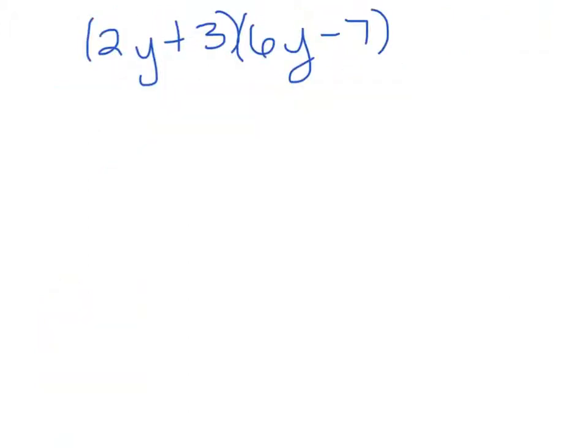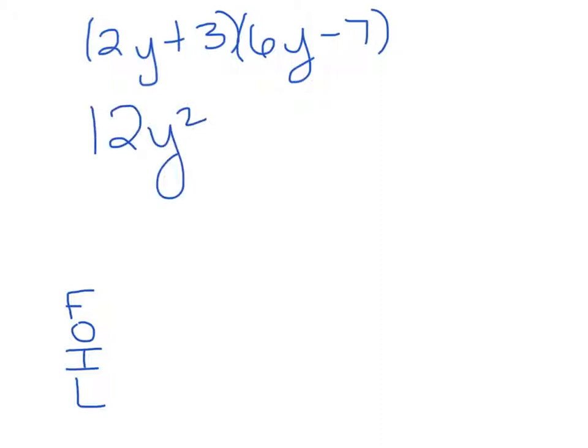Okay, here's another similar problem, except we're stepping it up a notch this time because our variables have coefficients. Whoa, what now? Well, we're still going to do FOIL. So F-O-I-L. First step is to multiply the firsts together. So again, first term in this binomial, first term in this binomial. 2 times 6 is 12, and y times y is y squared.